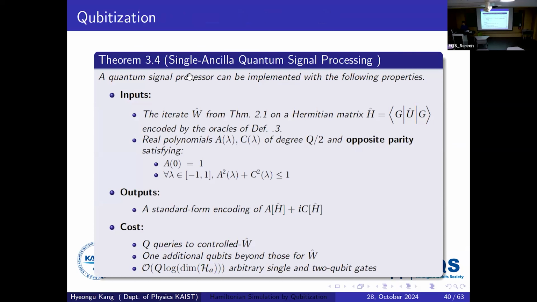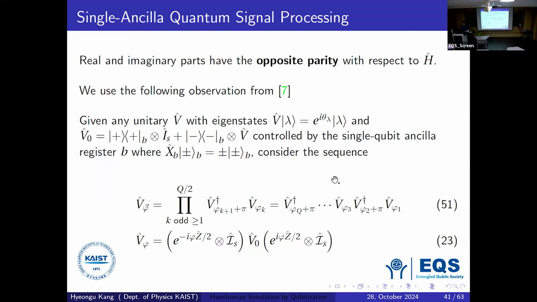And now we talk about the single ancilla quantum signal processing. This one is proved in a very similar manner to the previous one, but it is a little more complex. Given a unitary with eigenstates that have amplitude 1, we can think about this controlled unitary. If we consider the following sequences, the only thing that matters is the result here.